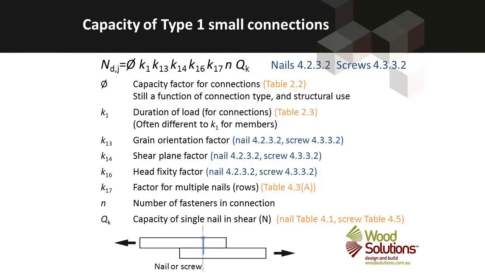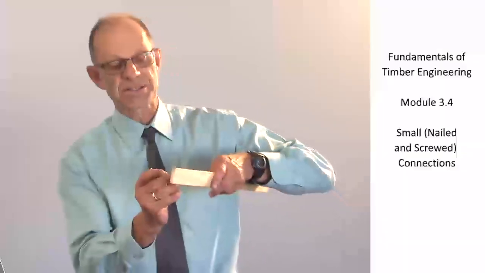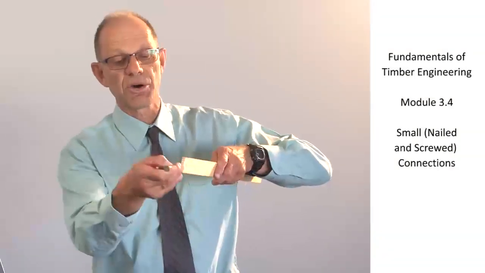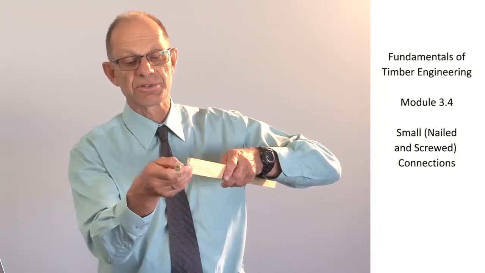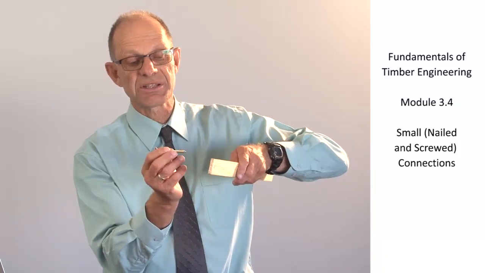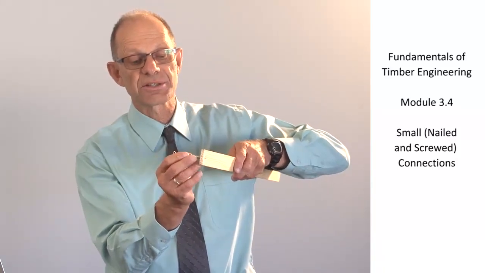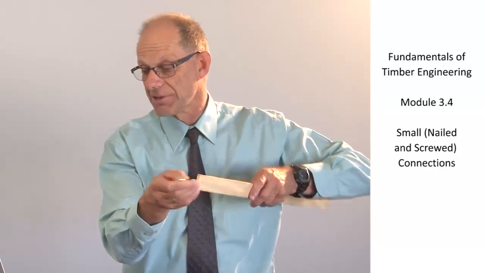Then there's a grain orientation factor, whether the screw penetrates the side grain of the member or into the end grain of the member. So for nails and screws, they both have a K13 factor, and it's simply a case of detailing whether the screw goes into the side grain or whether the nail or screw goes into the end grain.